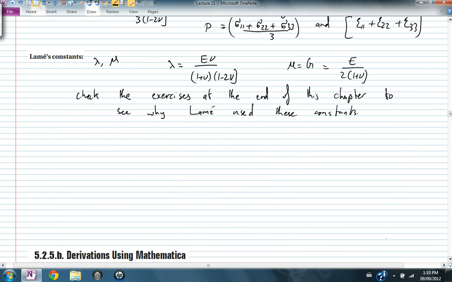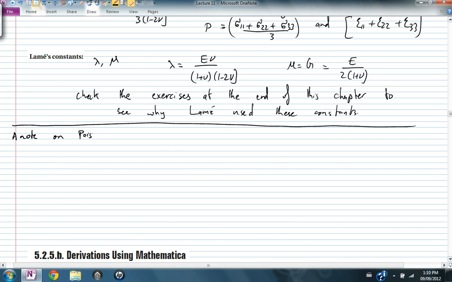A note on Poisson's ratio. We are going to study in the next part that Poisson's ratio can never, for linear elastic materials, be higher than 0.5.